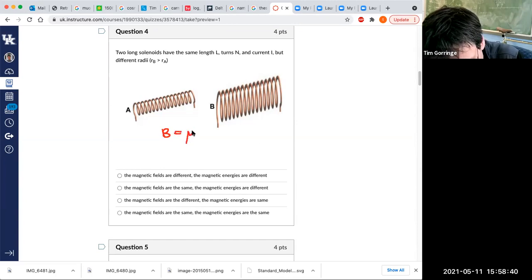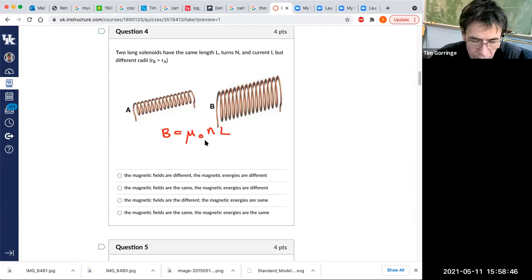For a solenoid, the magnetic field is magnetic permeability times the number of turns per unit length times the current in the solenoid. And so in this case, since the number of turns, the length, and the current are all the same, the fields in these two solenoids are the same, so we know the fields are the same.